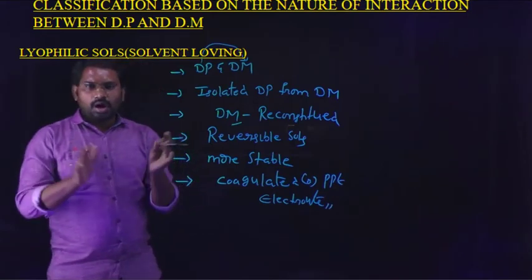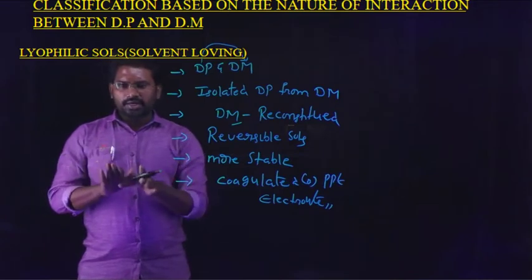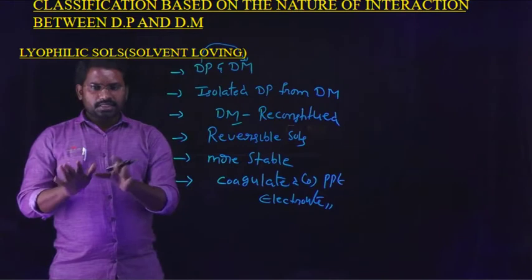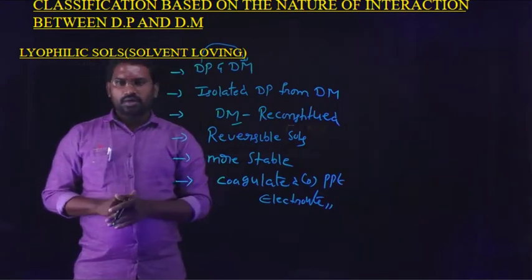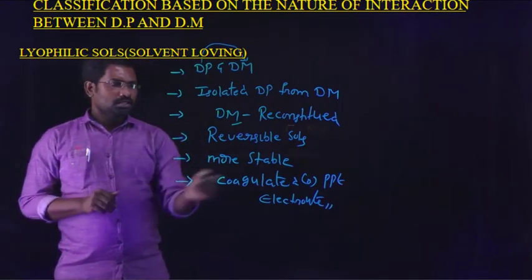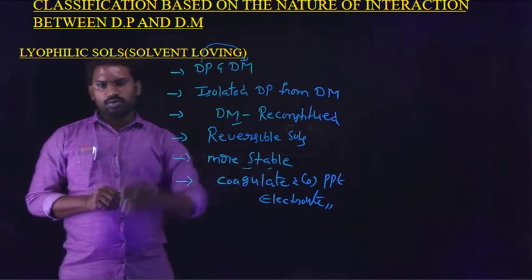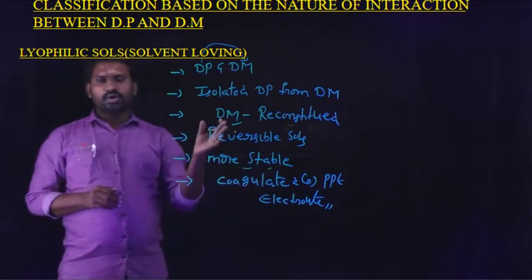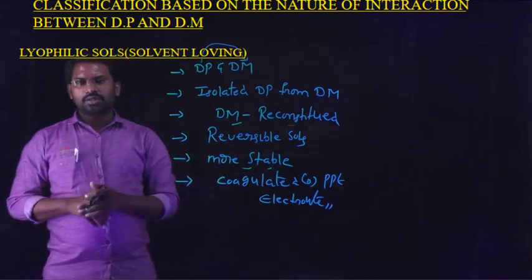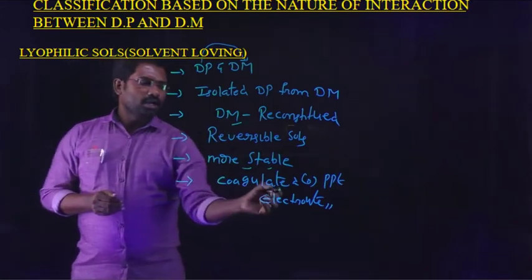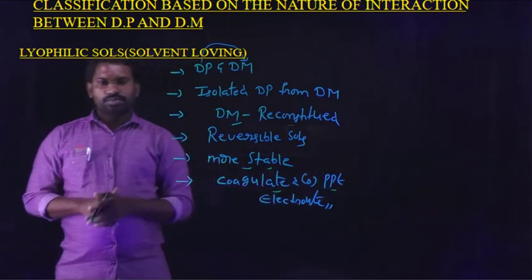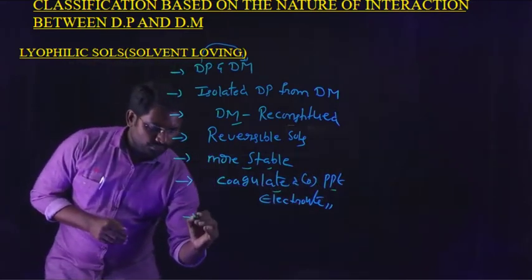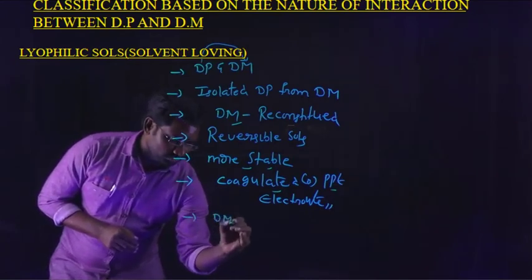That means oppositely charged particles get neutralized and finally the colloidal solution gets precipitated. But it is not possible in the case of lyophilic sols because these are more stable colloidal solutions. Due to their stability, if you add any electrolyte to lyophilic sols, they cannot be coagulated or precipitated.